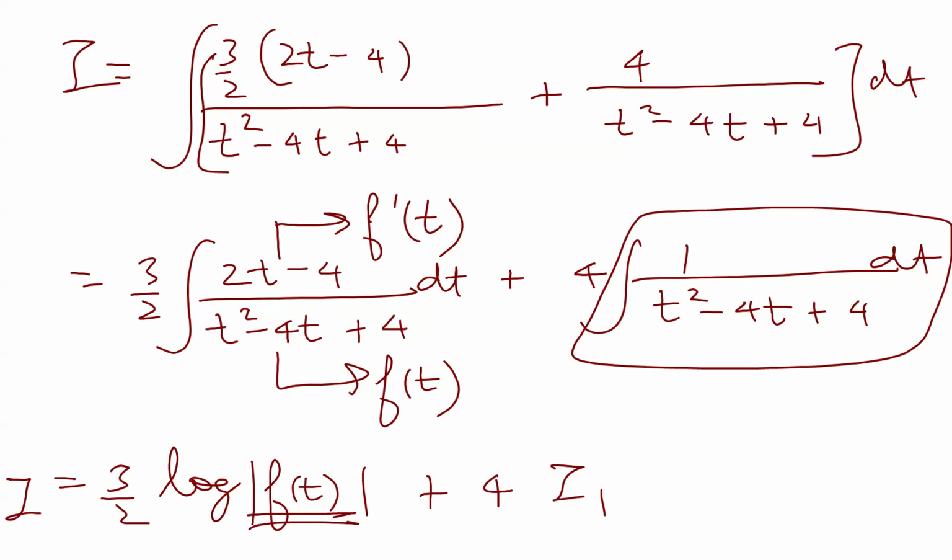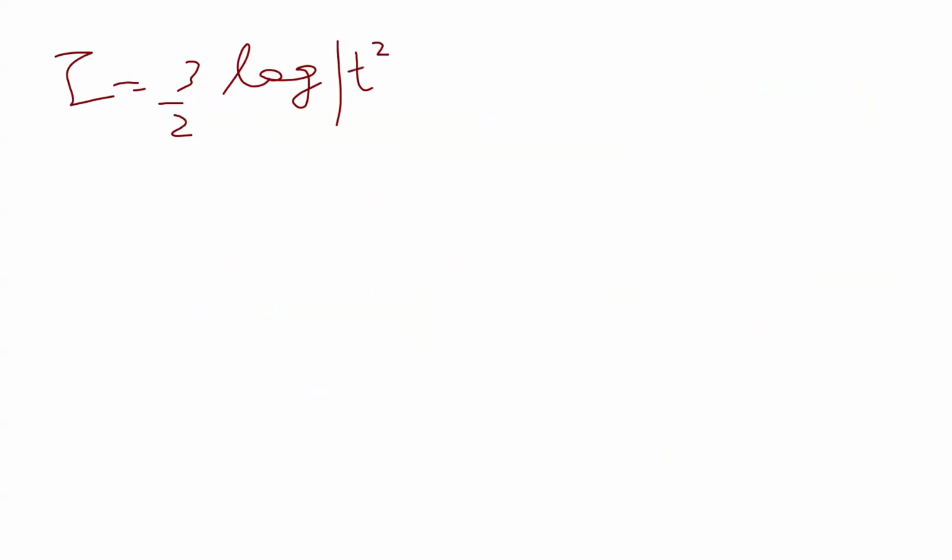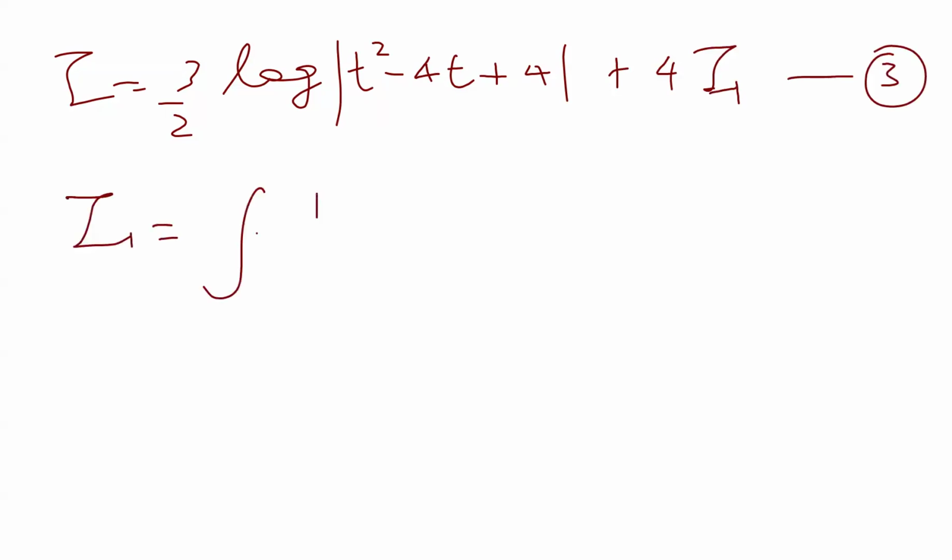So I is equal to 3 by 2 log mod f of t. What is f of t? T square minus 4t plus 4. Plus 4 I1. Equation number 3. Now I'll solve this I1 separately.